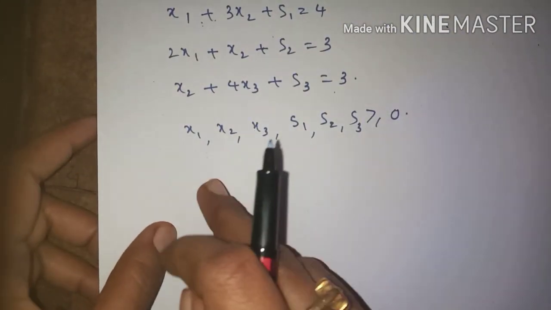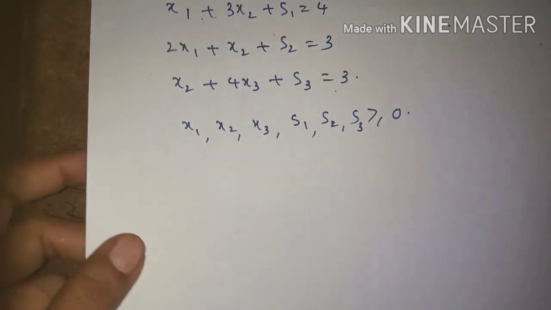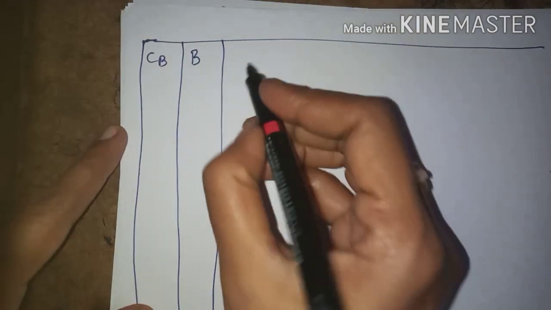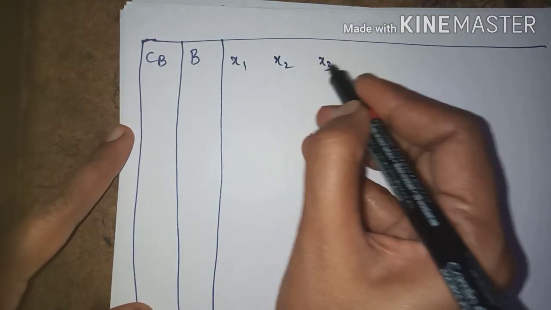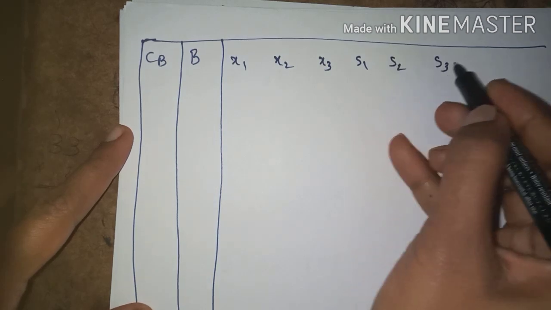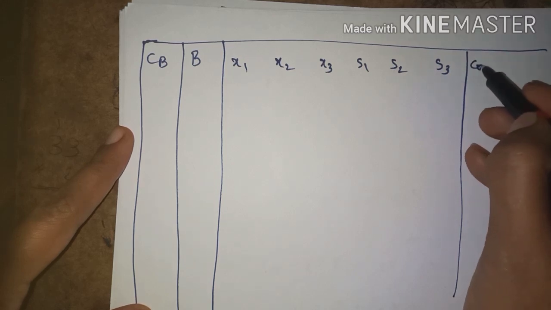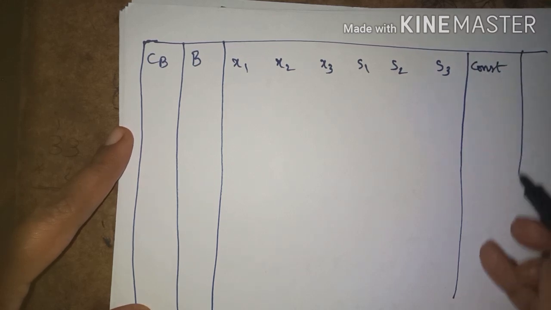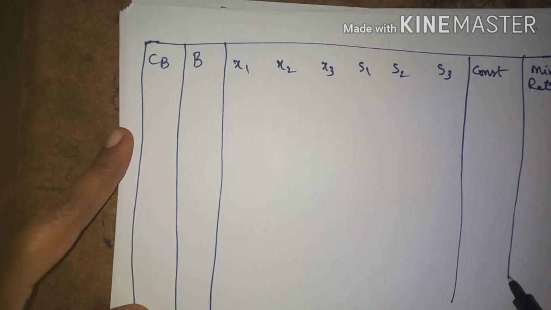You observe very carefully: x1, x2, x3, s1, s2, s3. 6 variables are there. After that constant, and the last one is the minimum ratio.